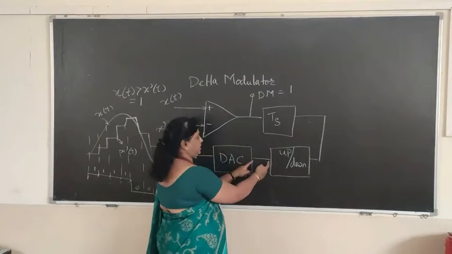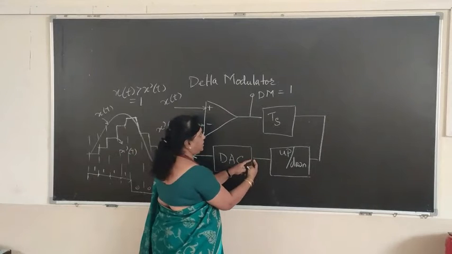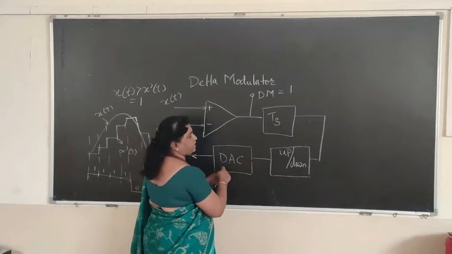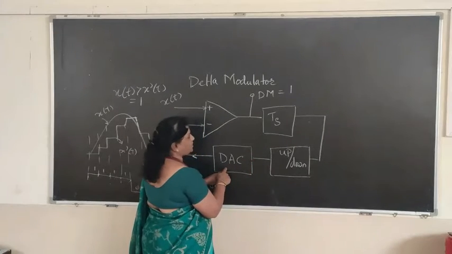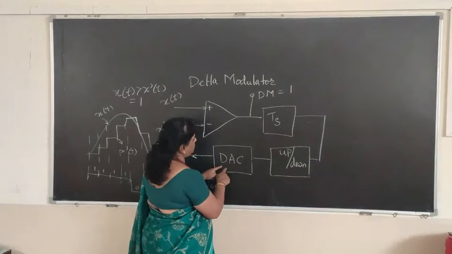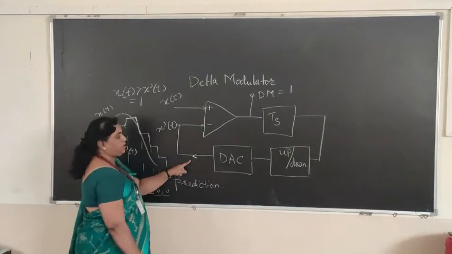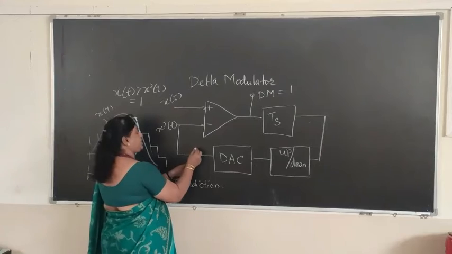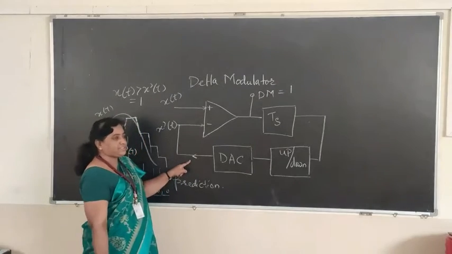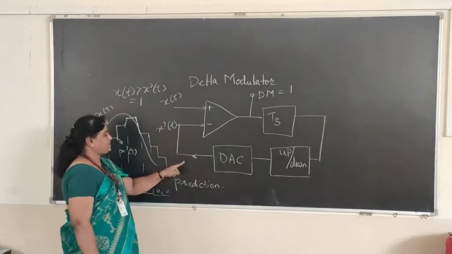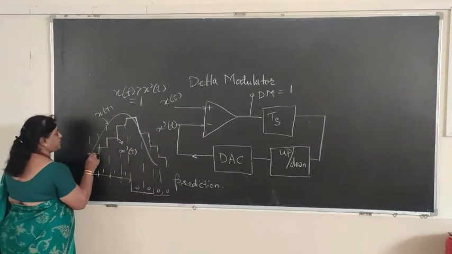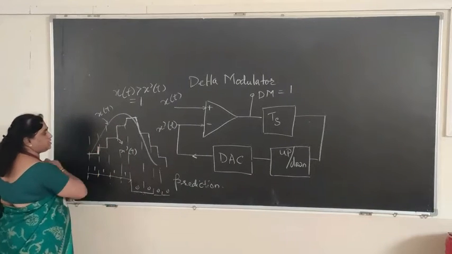Coming to the DAC, as the up counter is activated, the DAC will be incremented by 1. What is a DAC? It is a digital to analog converter. So the DAC is incremented by 1. Now when it is incremented, it gets incremented by a fixed step size. So we'll say that there is one fixed step size which has been generated.